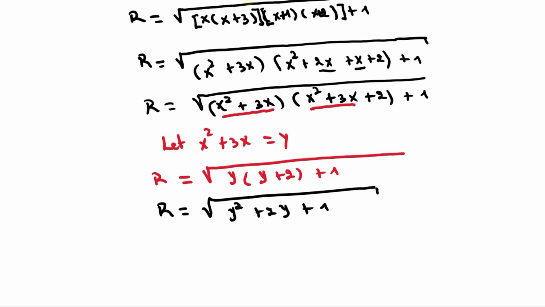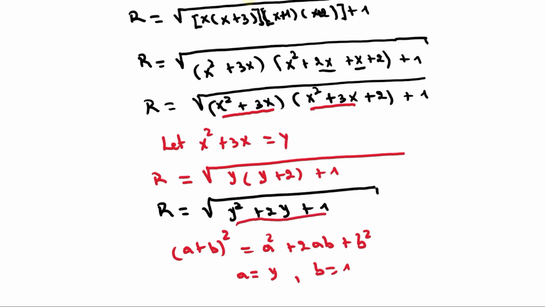We know that a plus b squared is equal to a squared plus 2ab plus b squared. In this case, a is y and b is 1, so we can consider y as a and 1 as b.